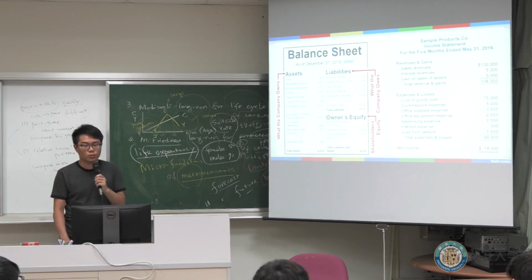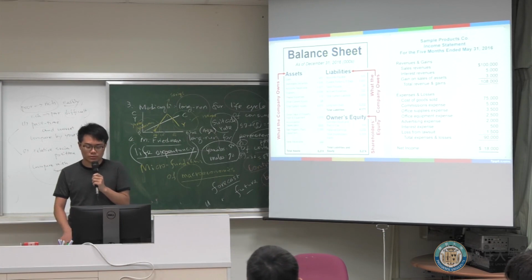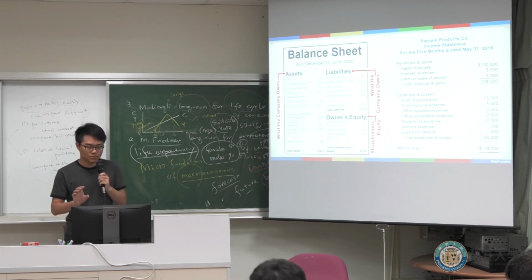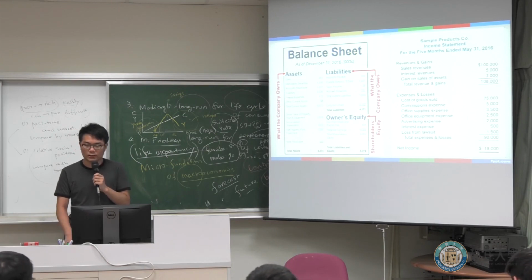There are two ways to tell what is an asset. The first one is that the company owns it, and we call it an asset. Another condition is that in the future it can make revenues for the company, and it can also be an asset for the company.